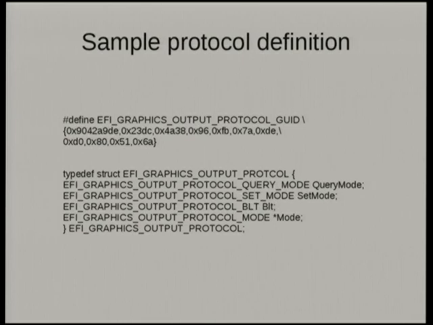There's also blitting support, so you can render to an off-screen buffer and then blit it into the graphics hardware if you want to write a high-performance graphical application for EFI, for instance, and then just to point to the current mode again. So it's pretty easy. Writing applications that interact with EFI is actually not a particularly awful, traumatic event.